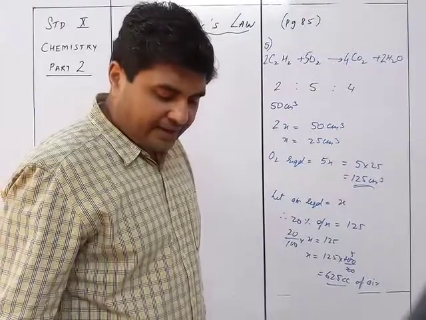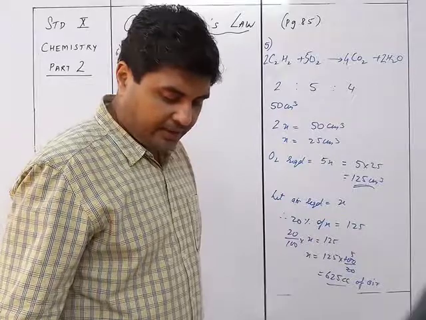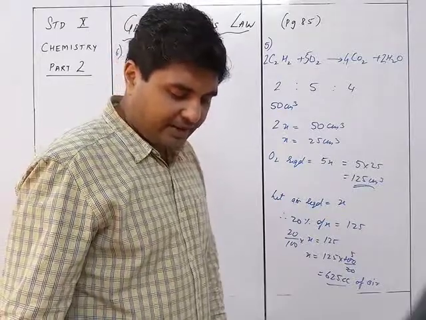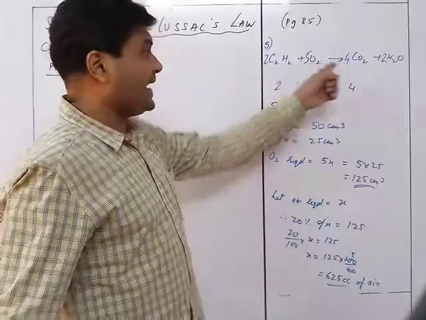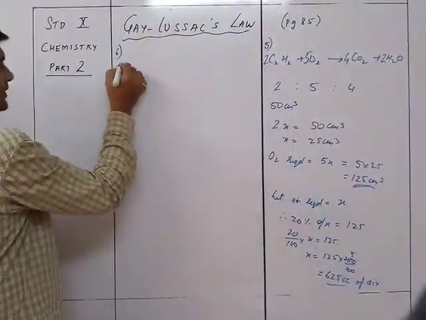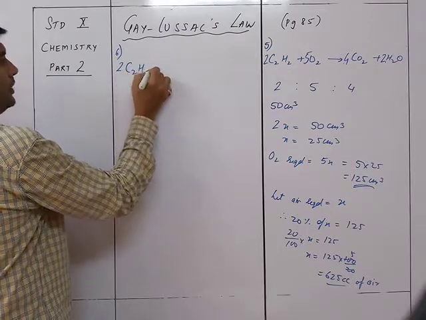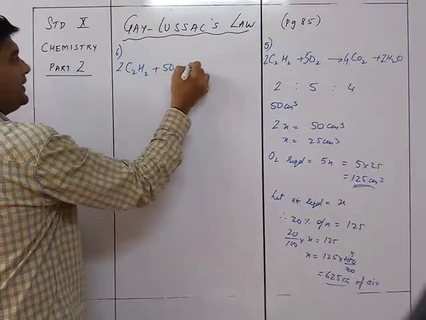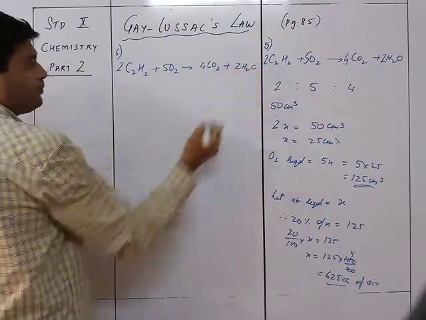On igniting acetylene and oxygen, 200 centimeter cube of carbon dioxide is collected at STP. Calculate the volume of acetylene and O2 at STP required for the original mixture. So again, the reaction is the same. So we just copy down the reaction. 2C2H2 plus 5O2 gives me 4CO2 plus 2H2O.